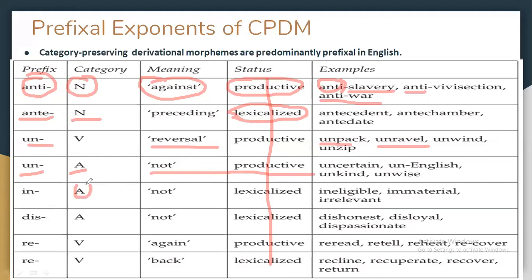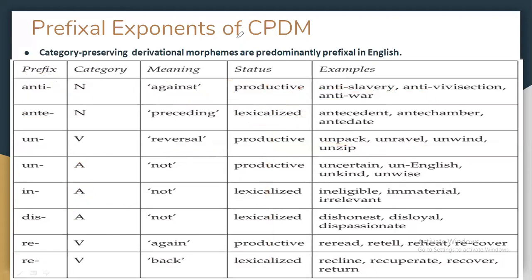Every is adjective, verb, and so on. So this is the first way of deriving a new word. Category preserving. Remember, category preserving means not changing the part of speech, if we say it traditionally, and right now we can say, word class, maintaining the word class, right?